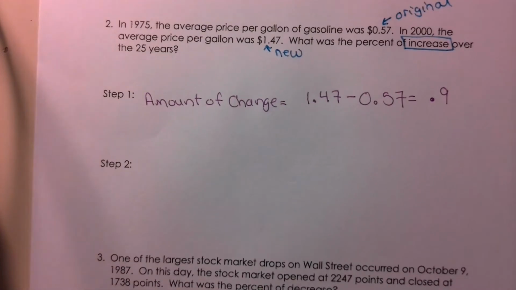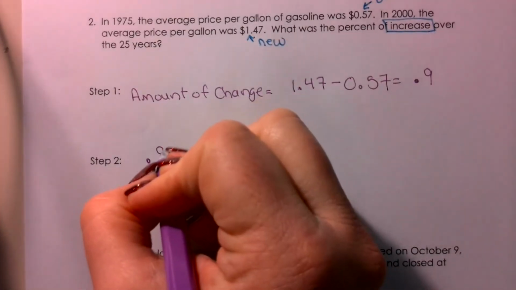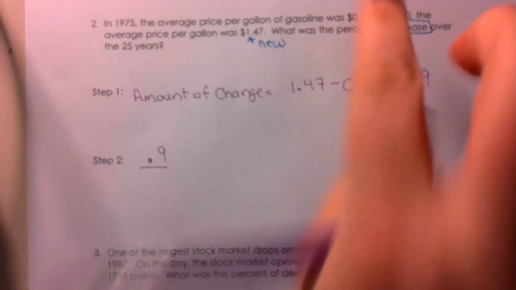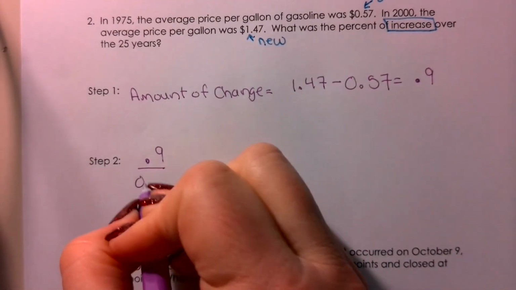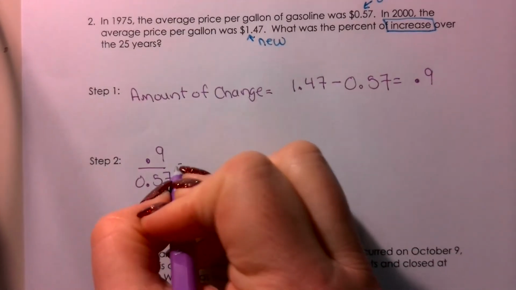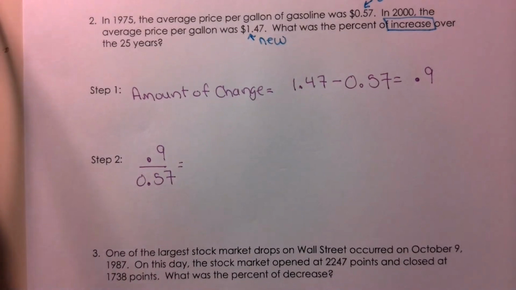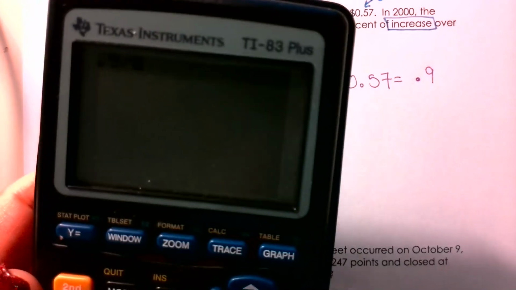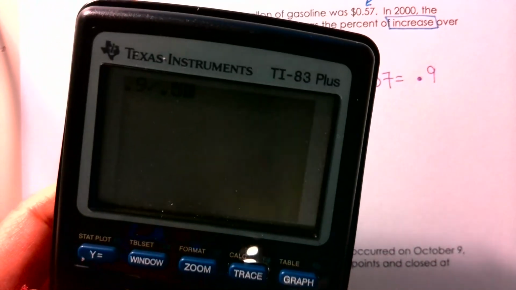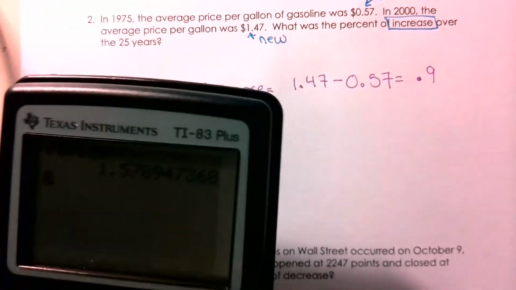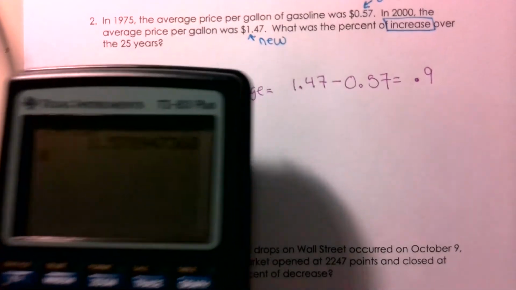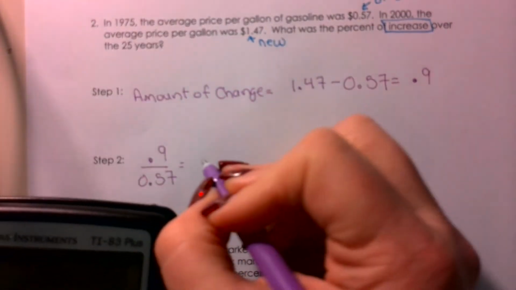So my second step is to put my amount of change and divide it by my original amount. So when I put that in the calculator, and divide it by 0.57, the original amount, I get quite a long number, and I'm just going to write it down here.